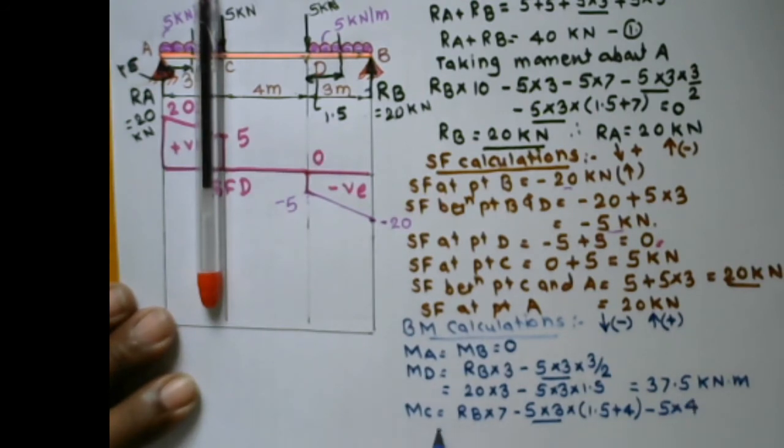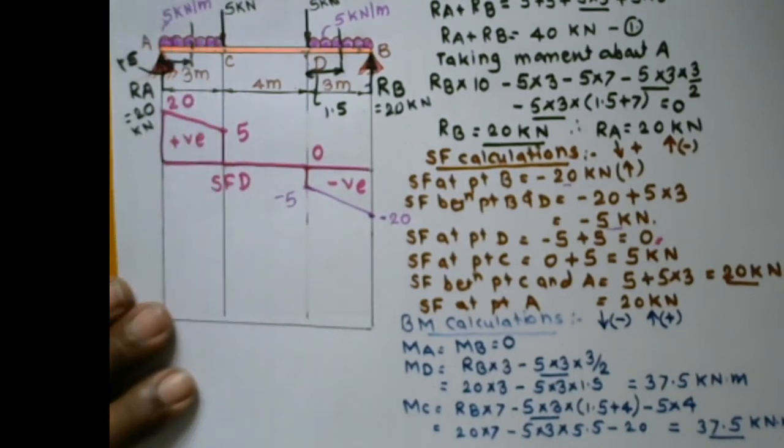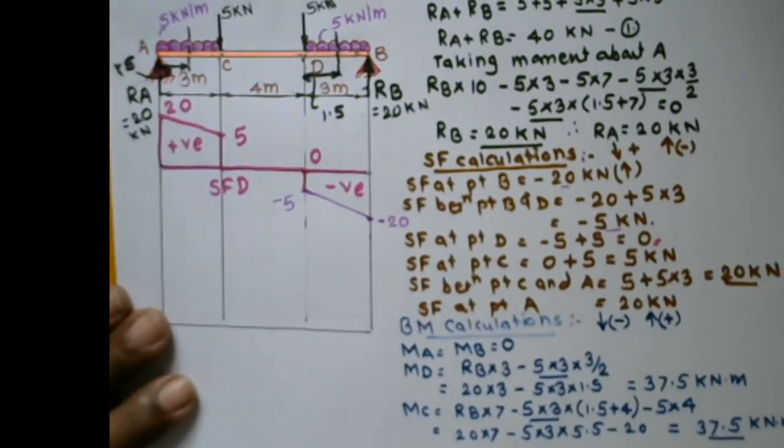Put the value of RB: 20 into 7 minus 5 into 3 into 5.5 minus 20. So you will get here again 37.5 kilonewton meter bending moment at point C, and at point A bending moment is 0.